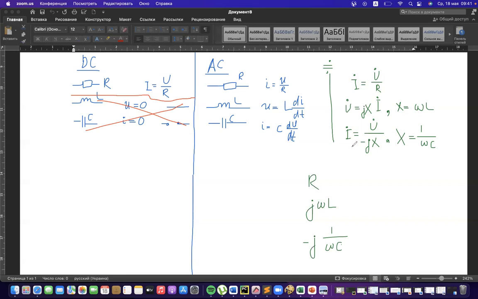It's just a general physical background of the difference between alternating current and direct current, and what mathematics we are using in this situation.